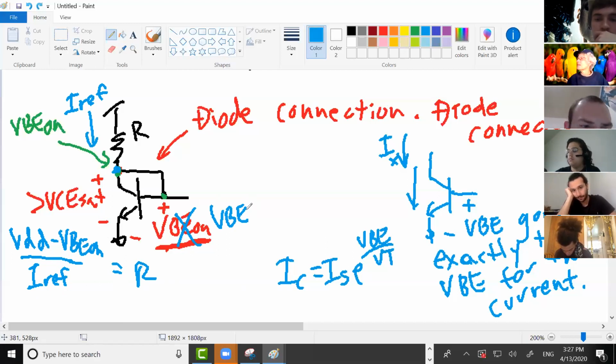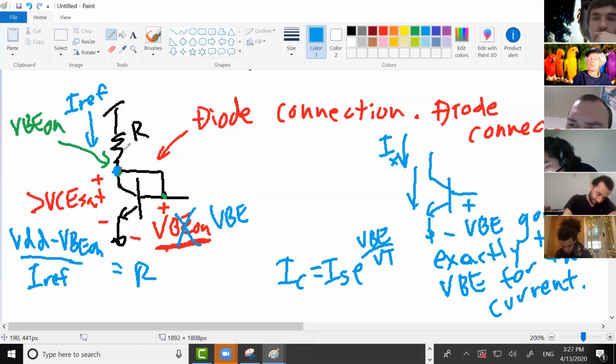Does that make sense up to there? Okay, so by knowing this is about VBE on, you can force a particular current through your resistor, and there's no place for that current to go except through your transistor. So you're forcing that same current through your transistor, and then the VBE of that transistor magically goes to the VBE for that current.